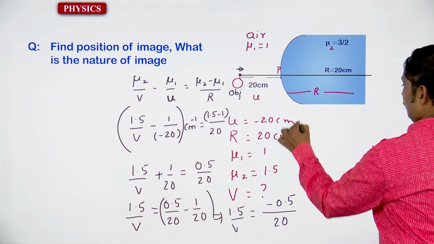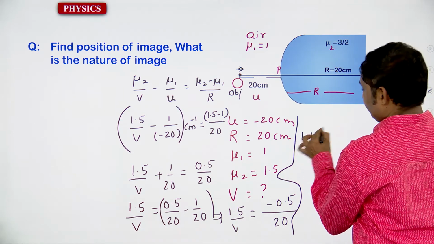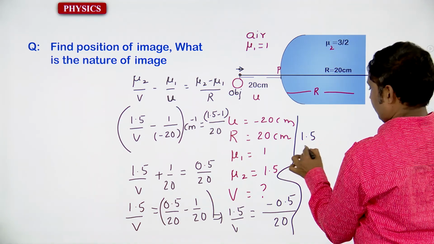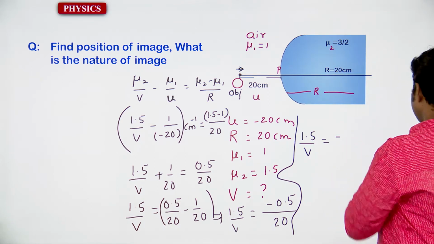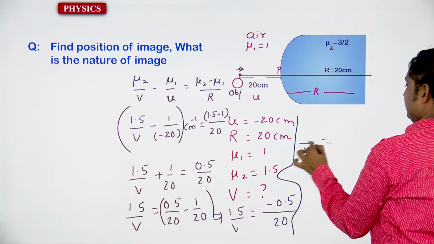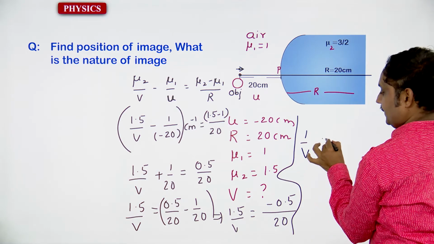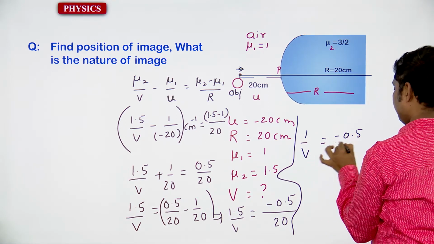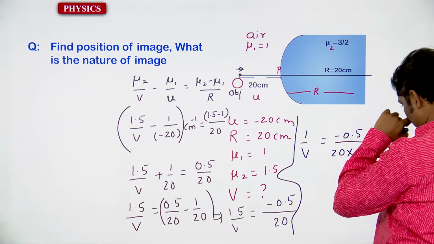So, you have to solve this problem: 1 by V is equal to minus 0.5 by 20 into 1.5, right?